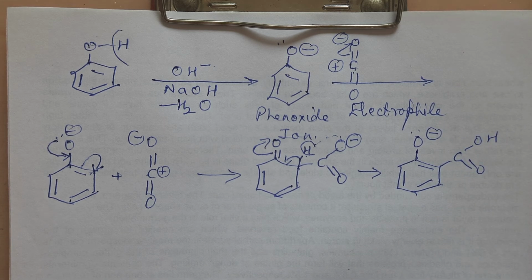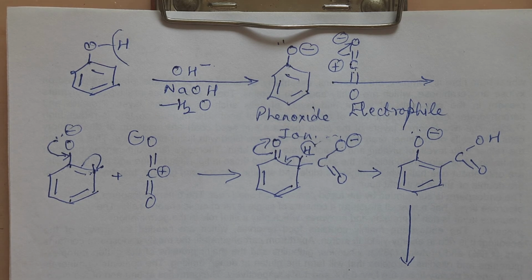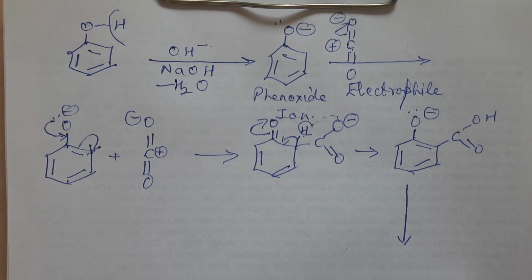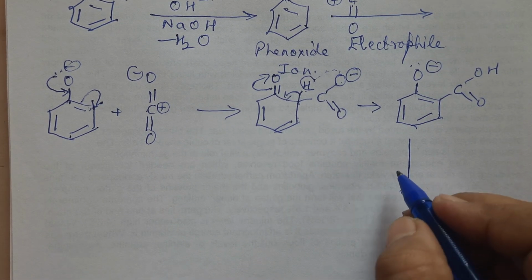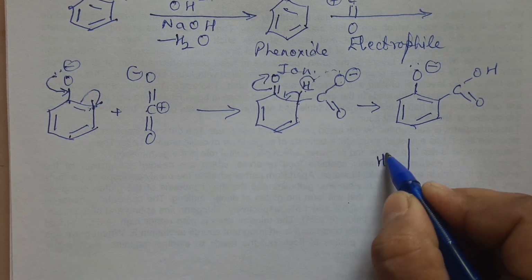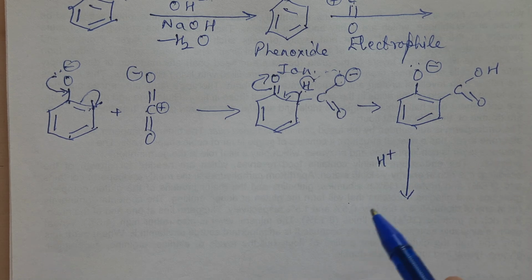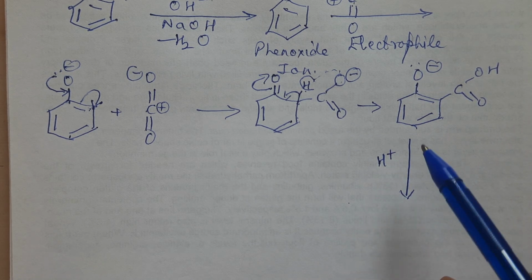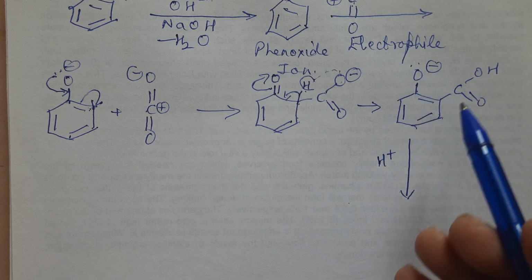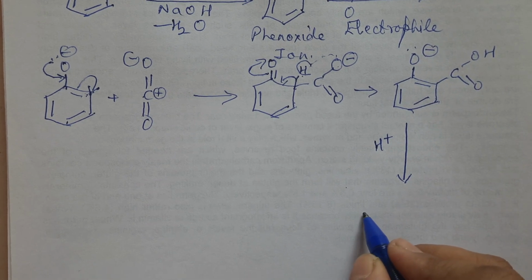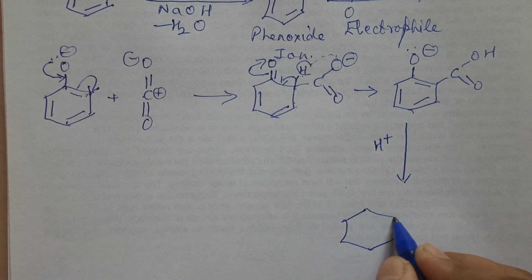This is COOH, right? Then we wrote that the reaction occurs in the acid medium, if you remember, when we wrote the simple Kolbe's reaction. So now the function is of H plus. What will this H plus do? H plus will try to satisfy this negative charge. So what you get is our product.